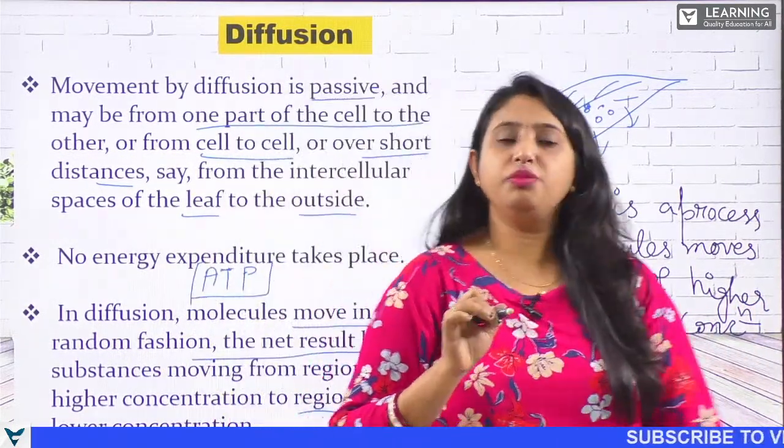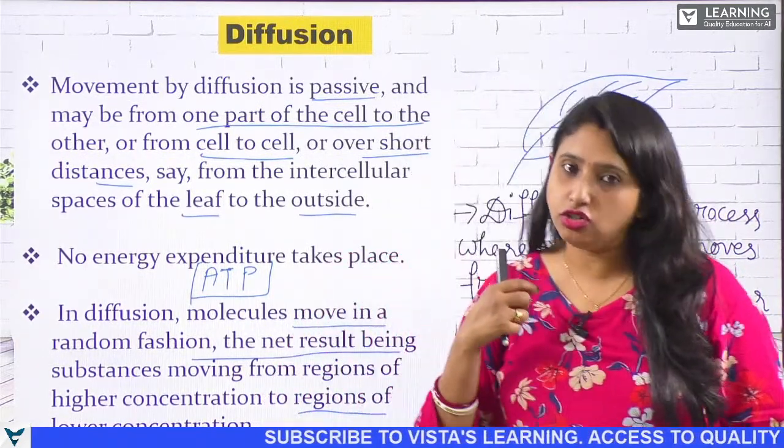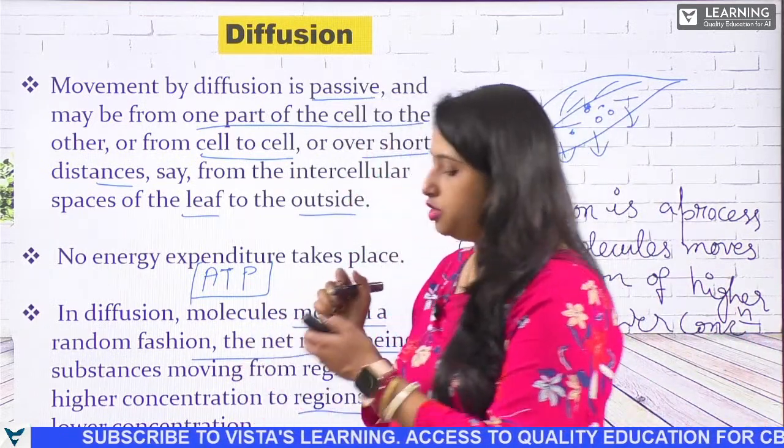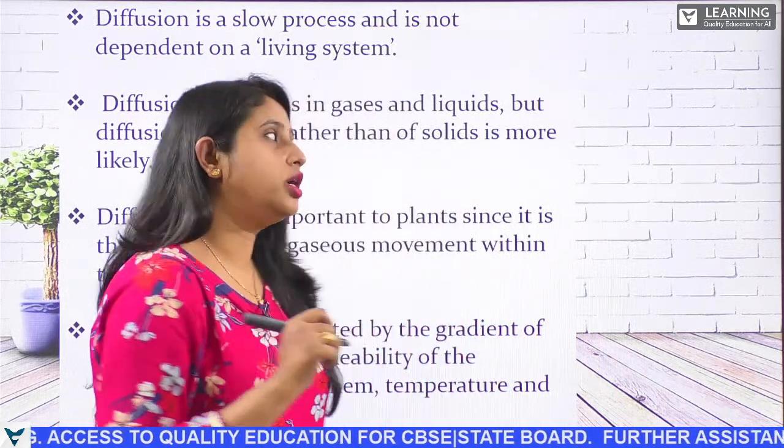So the molecules will be crossing the plasma membrane from a region of higher concentration to a region of lower concentration. Now, what do you mean by this region of higher concentration to region of lower concentration?